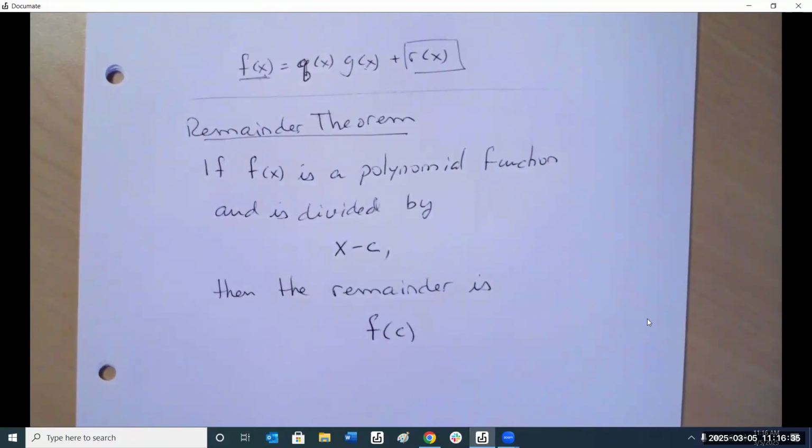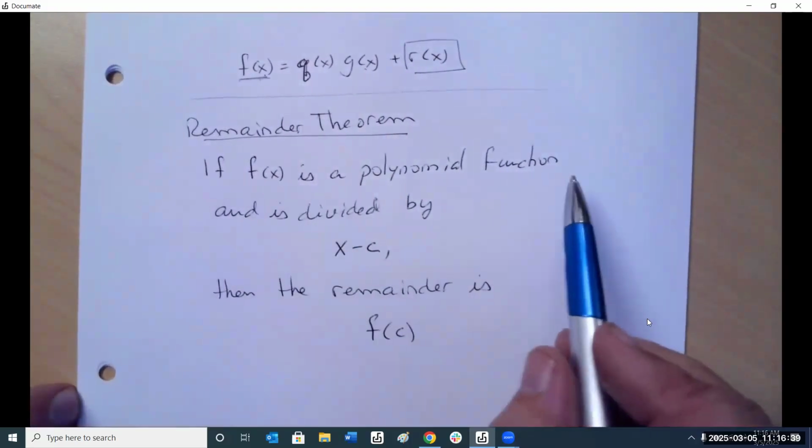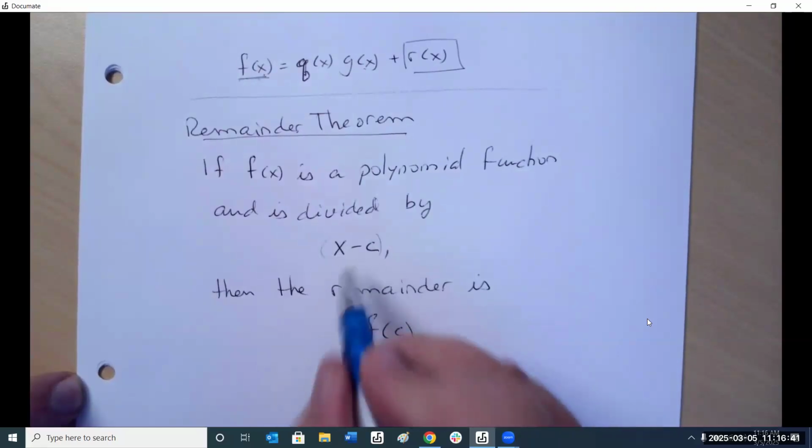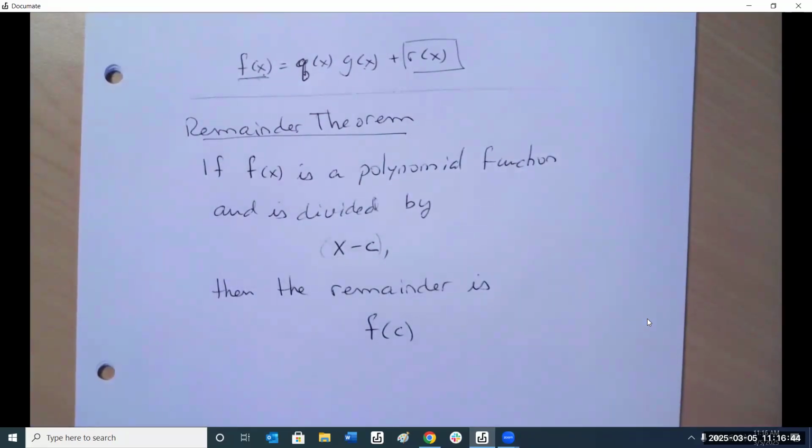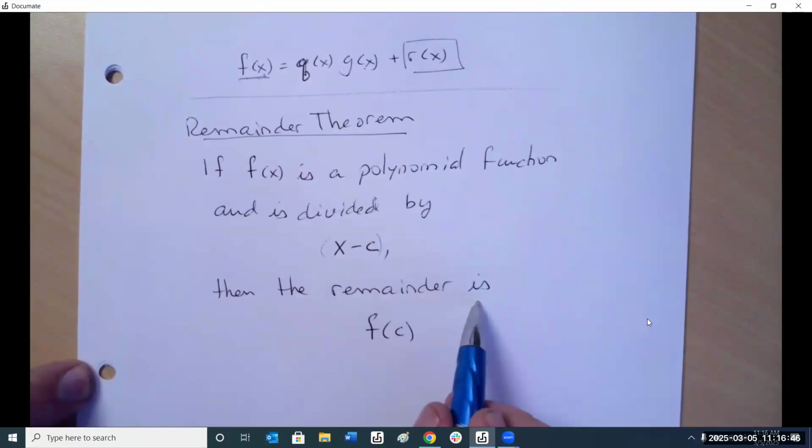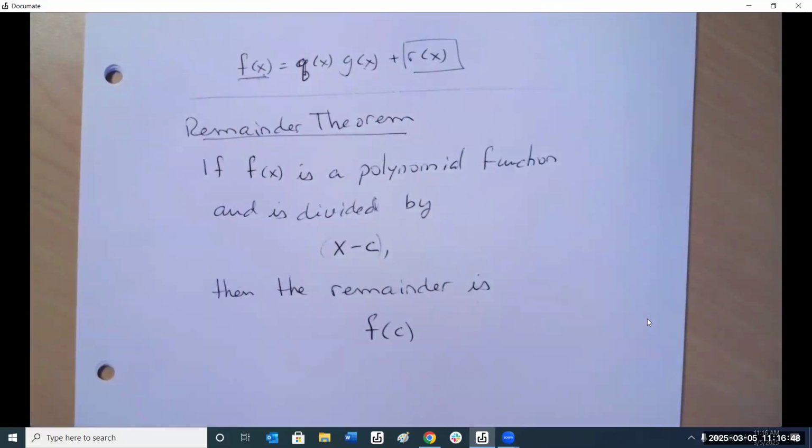This is pretty interesting, this concept. If f of x is a polynomial function and divided by some binomial x minus c, then the remainder is the function f of c.